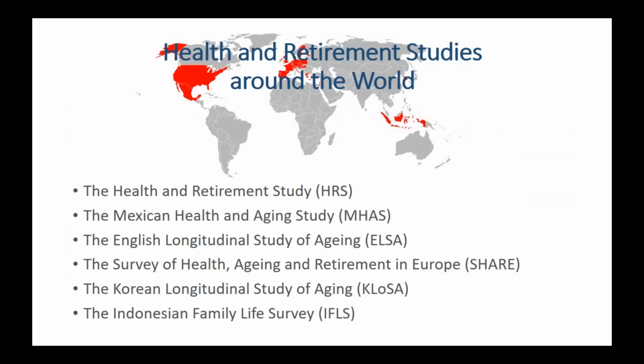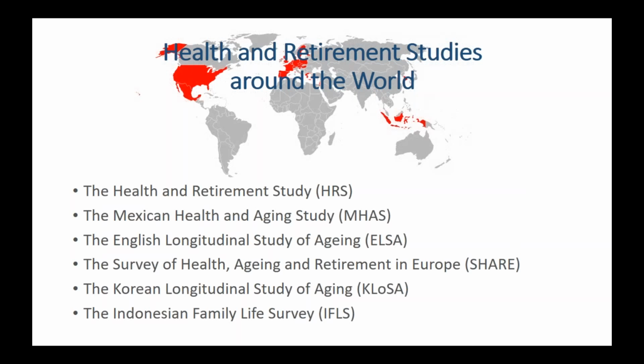So first, let me familiarize you with health and retirement studies around the world. This is a network of studies designed to collect information about aging in a similar way in different countries around the world.